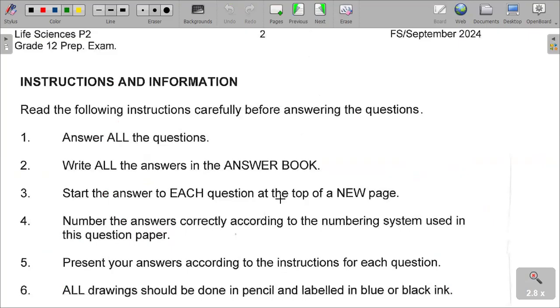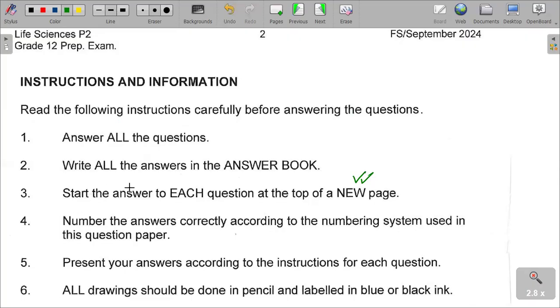I'm sure I once read these instructions for you, and we still have the same thing. I'm emphasizing this point: start the answer to each question on a new page. Question 1, question 2. Where question 2 starts, you start strictly on a new page. You don't continue on the same page as question 1.